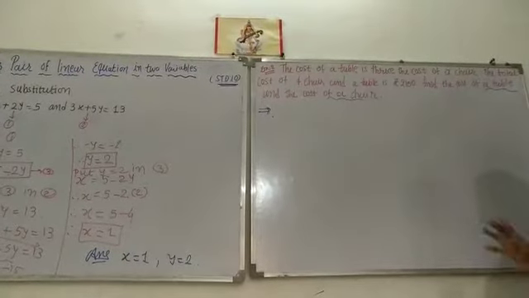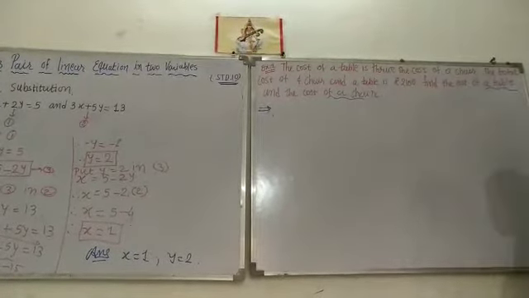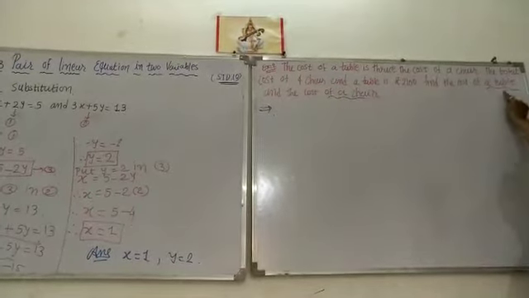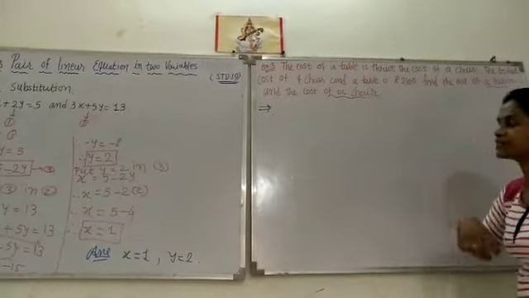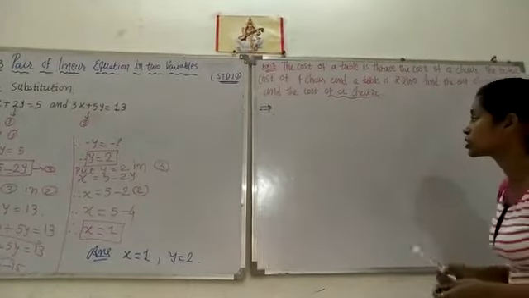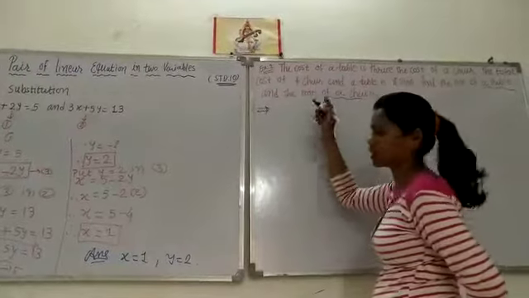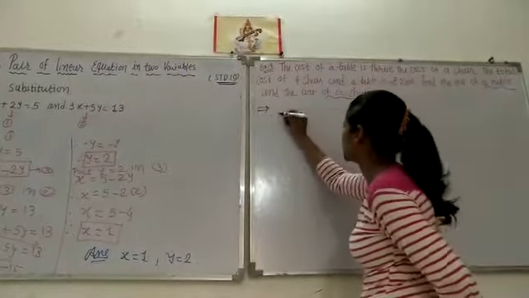We are talking about here cost of a table and chair, and you want to find cost of a table. A table means one table cost, and a chair means one chair cost. So you should suppose variables for a chair and for a table.